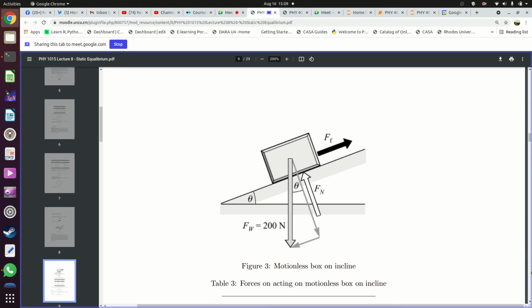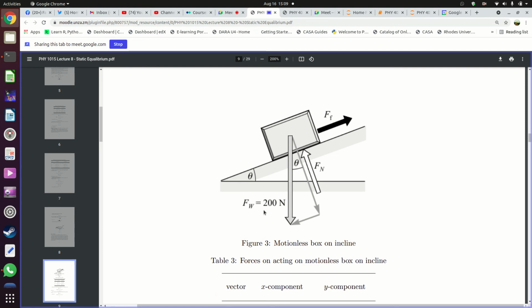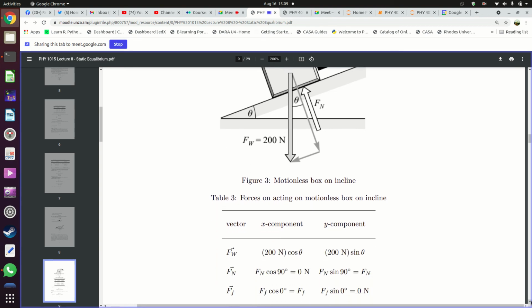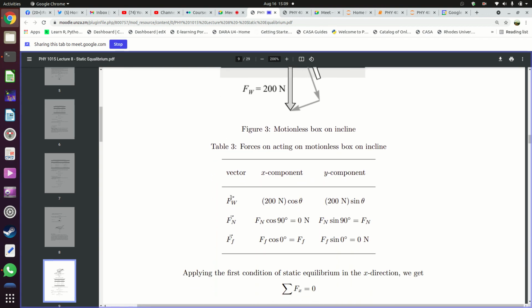So let me see what we get. I think it's fine with what I've done, except the theta which I have. It's not this theta. It's the theta measured from here all the way up to here, which is a bit confusing in this particular case. So we end up with the weight components 200 cos theta and 200 sin theta.